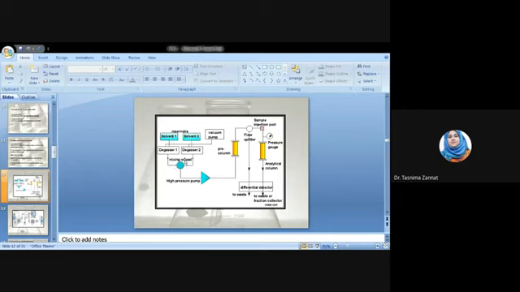This is the mixing vessel, and this is the high pressure pump, which can pump the solvent, and after the pumping, it goes through the pre-column.